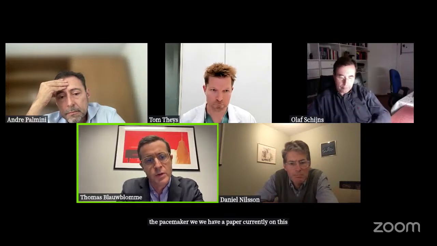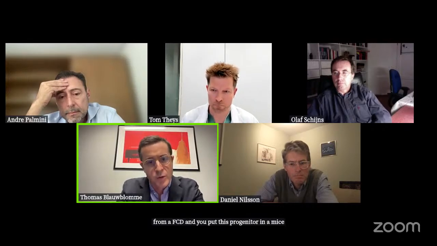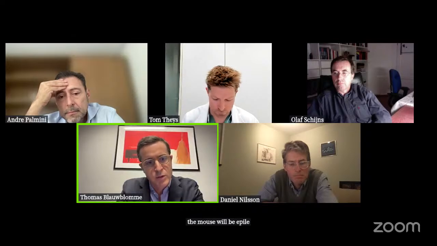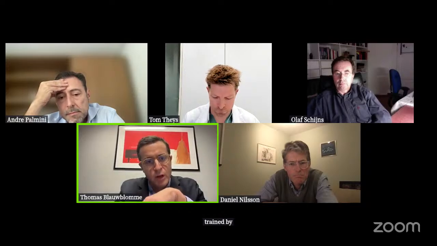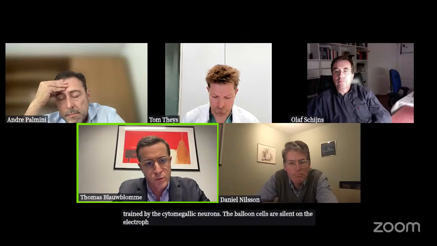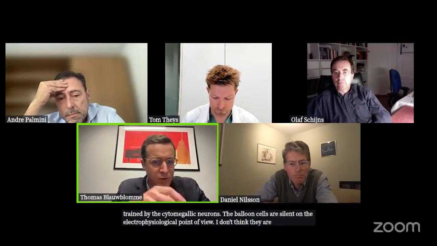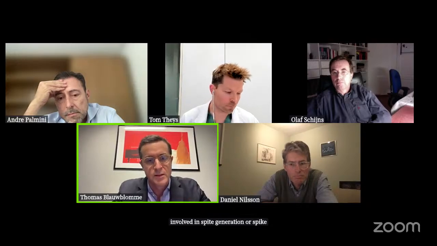If you take progenitor neurons from a FCD and you put these progenitors in a mouse, the mouse will be epileptic because the neurons will be trained by the cytomegalic neurons. The balloon cells are silent from the electrophysiological point of view. I don't think they are involved in spike generation or spike control, but we mean something else.